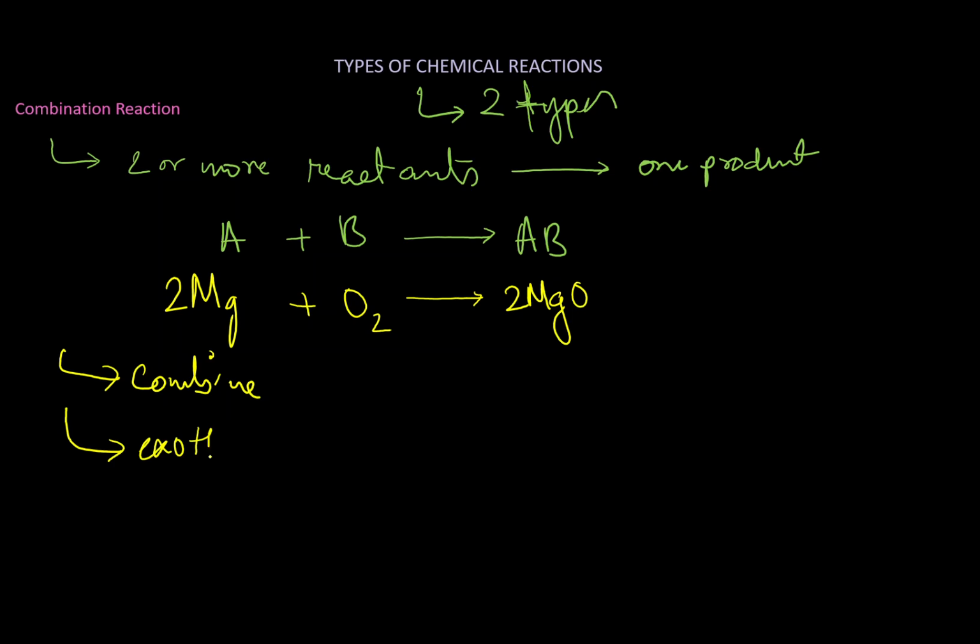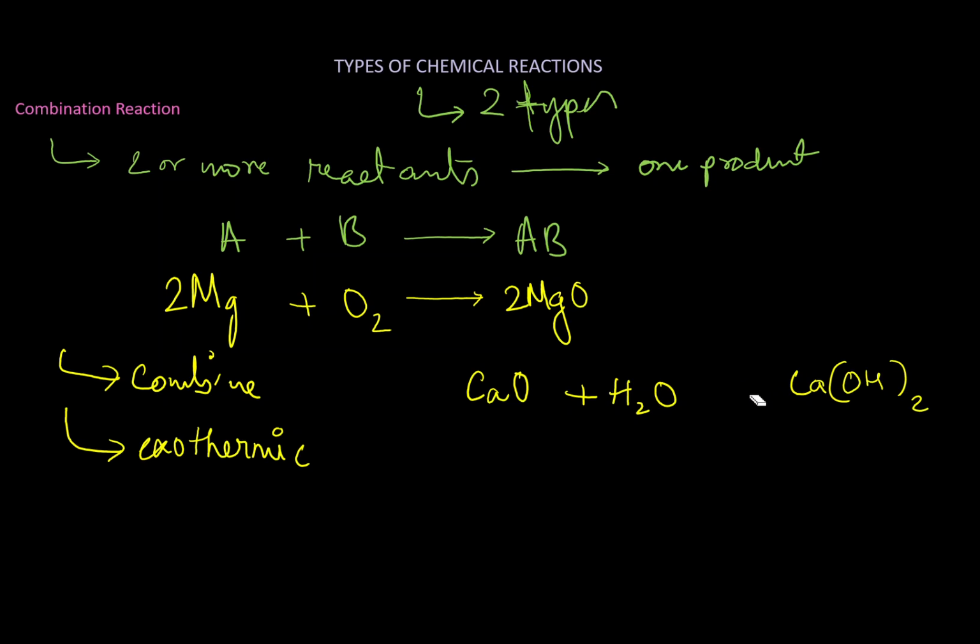What exothermic means, if you remember, there is an experiment in which we take quicklime, which is CaO, calcium oxide, in water, H2O, and we get Ca(OH)2.